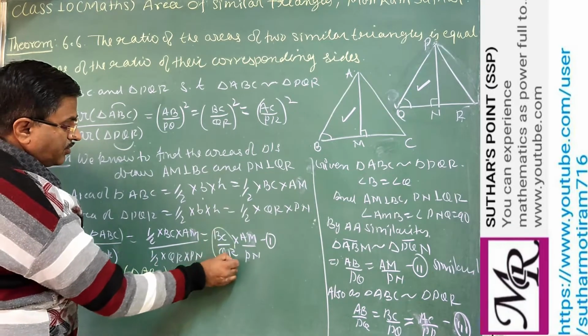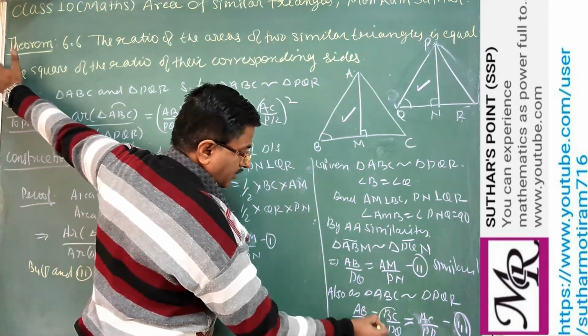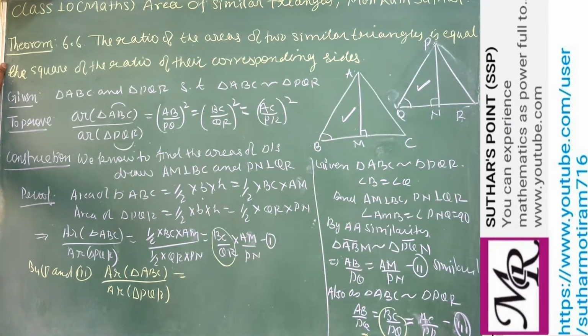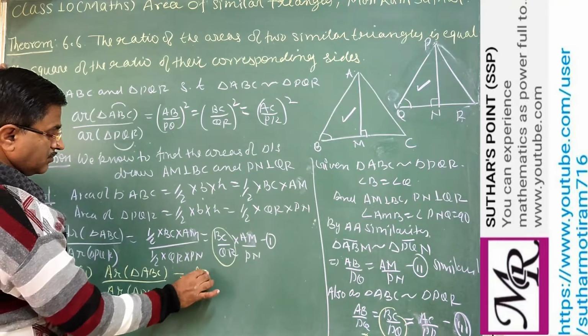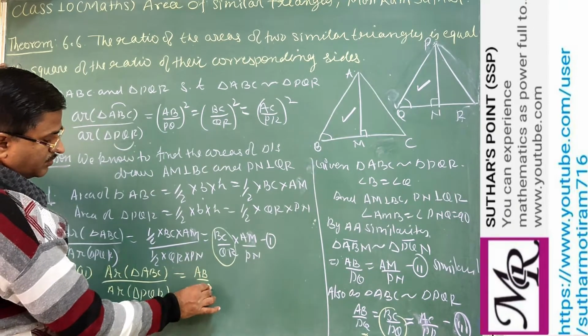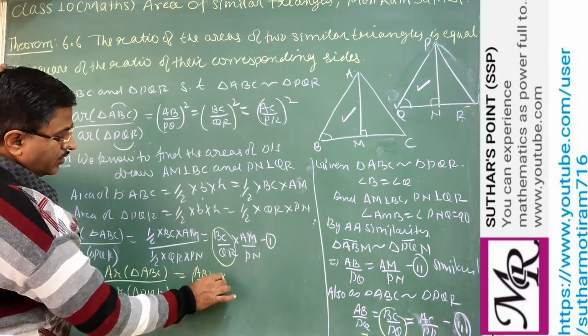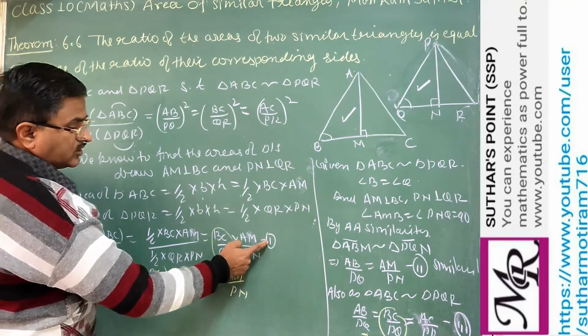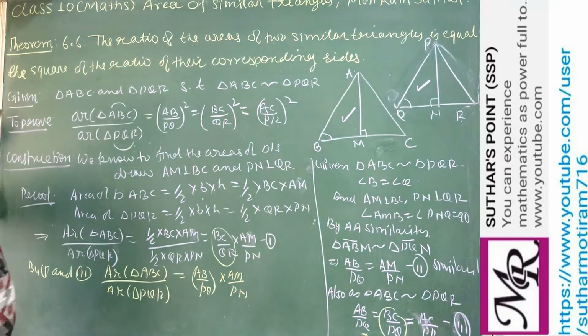But this BC upon QR is equal to AB upon PQ, so you replace it with AB upon PQ into AM upon PN. So we write equations 1 and 3.